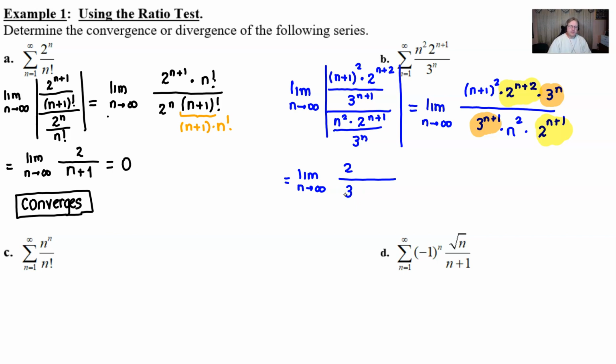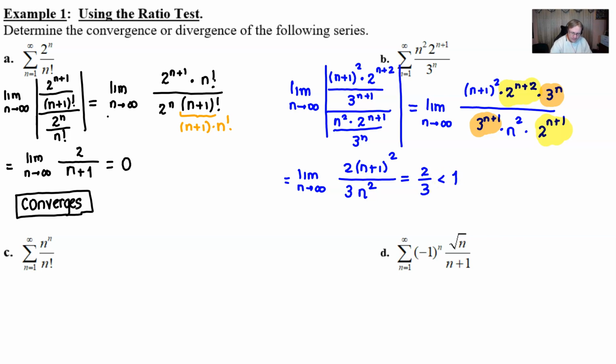Now, the things that aren't highlighted, don't get too worked up about trying to reduce those, because A, you can't, and B, you don't really need to. Because if you write those alongside the 2 and the 3 respectively, you can see that the highest degreed n on top will be an n squared, the highest degreed n on bottom will be an n squared, so you can just divide the coefficients. 2 divided by 3 is your answer, which is less than 1.